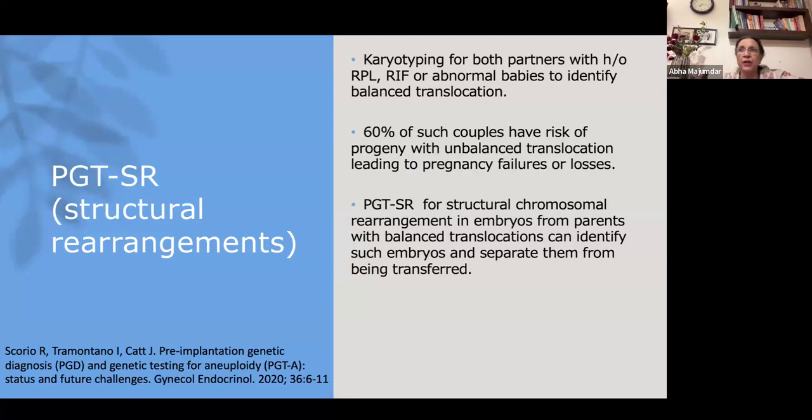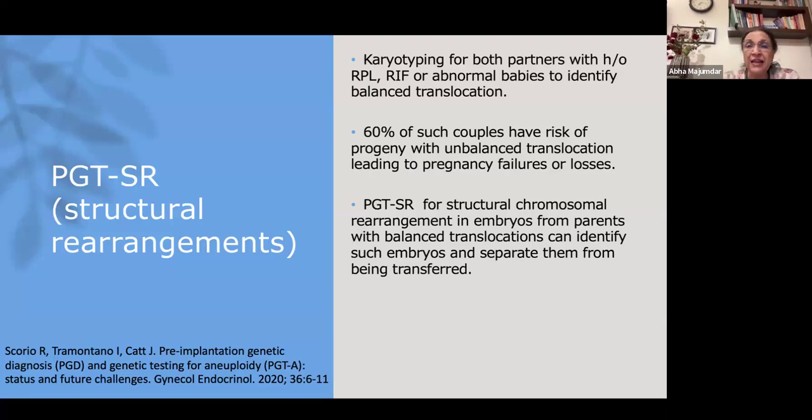Now here, the broken and the attached piece make a complete genetic picture, and hence there is no genetic imbalance. But when these chromosomes separate and neither the lesser one nor the longer one goes into the child, it becomes imbalanced. And that child cannot survive with an extra chromosome or a reduced chromosomal segment.